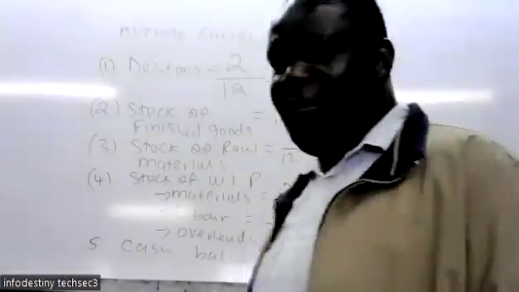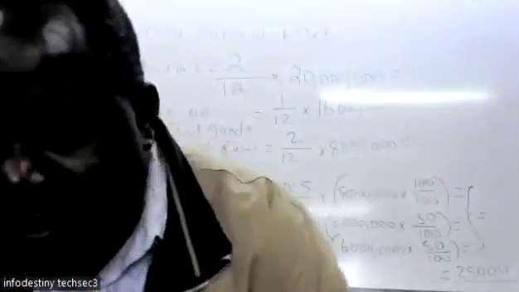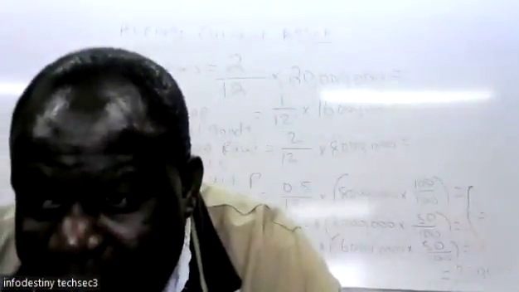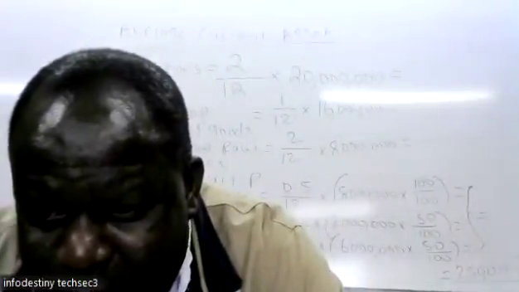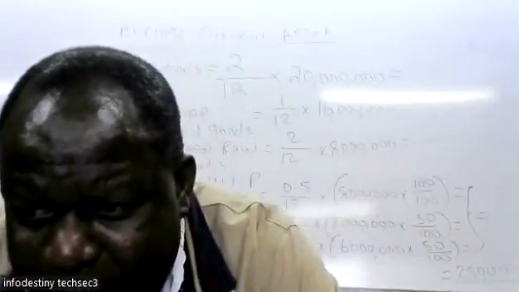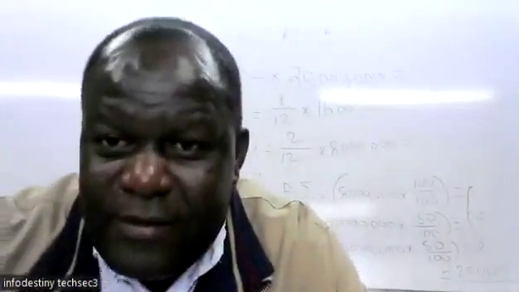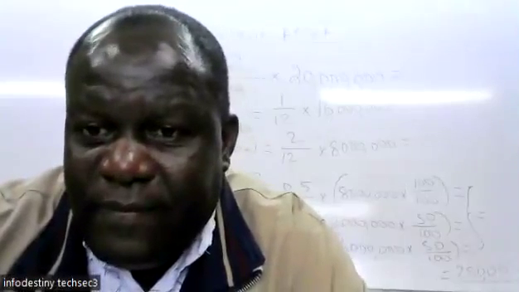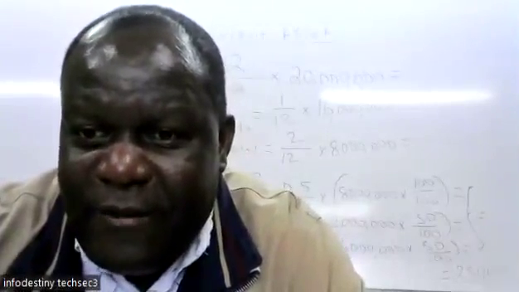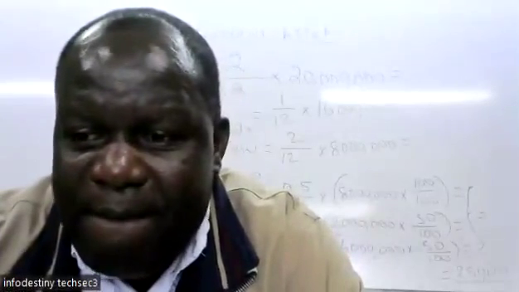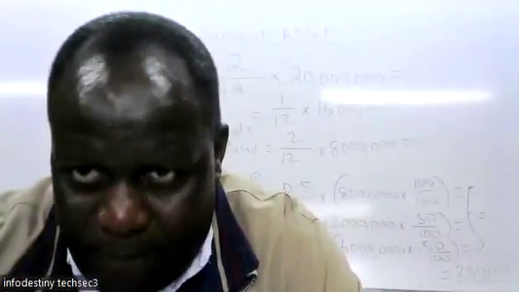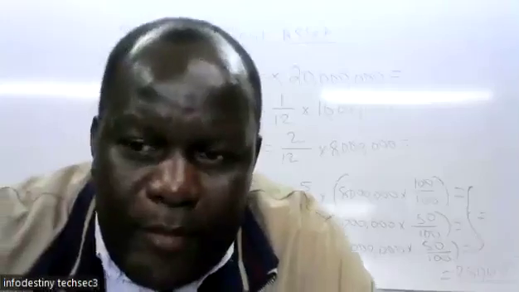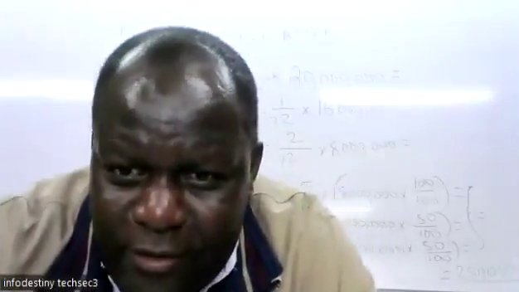So how much is there as the current assets? Those who are online, what are you getting as the total current assets? Anybody who has calculated? Anyone who has gotten the totals?